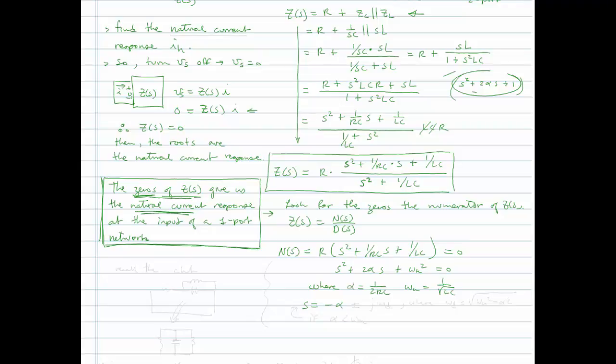I'll say minus alpha plus or minus, and if it's underdamped, let's assume it's underdamped, then it'd be plus or minus j omega d, where omega d, of course, is equal to square root of omega n squared minus alpha squared. This would be if alpha is less than omega n, which we don't know. We don't have values here, but let's assume that it is. Right? You know this.